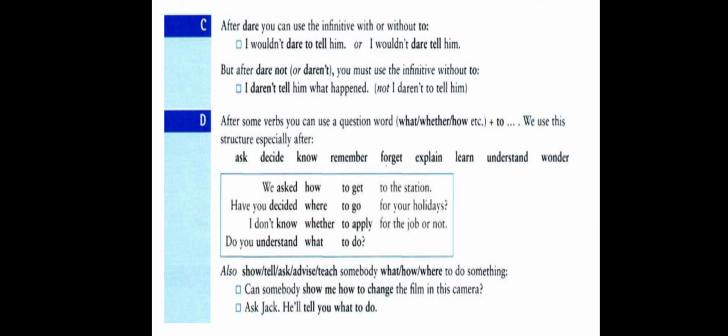Also we have other verbs, for example, show, tell, ask, advise, and teach somebody what or how or where to do something. Here after the verb we have an object, and after the object we have the question word what, how, or where, any question word plus to plus the base form. Can somebody show me how to change the film in this camera?